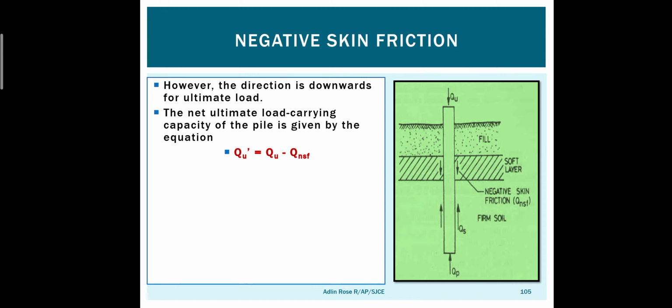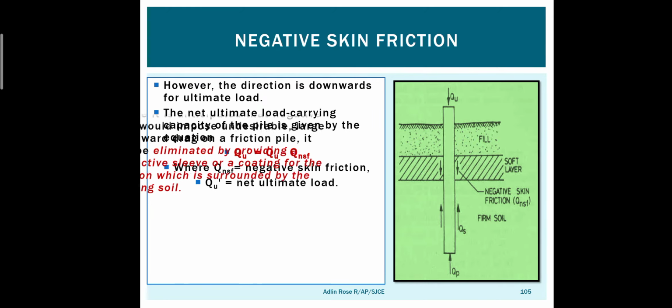We should subtract the load exerted by the negative skin friction. You have to just subtract it from the total allowable load. That will give you the net ultimate load.